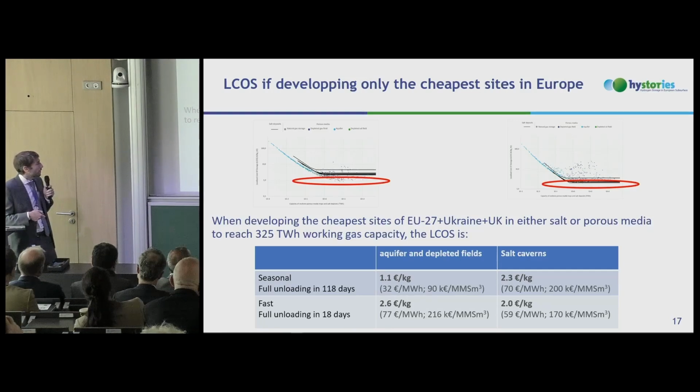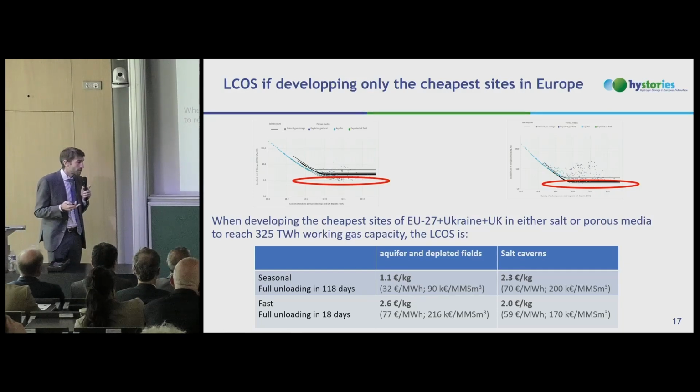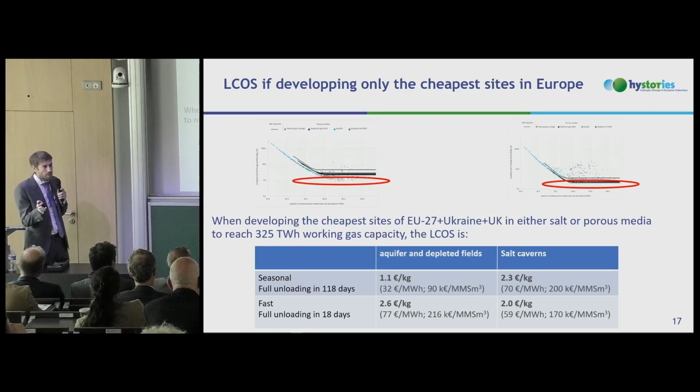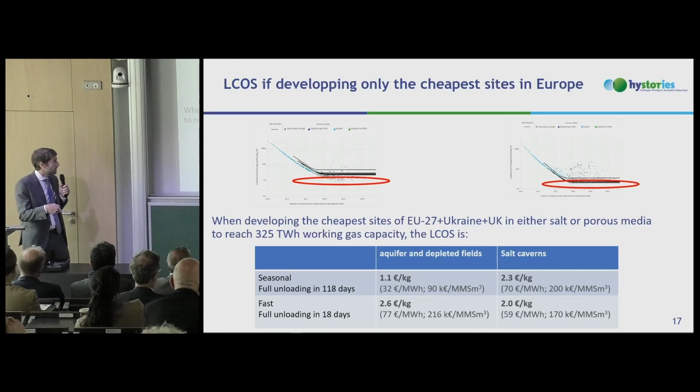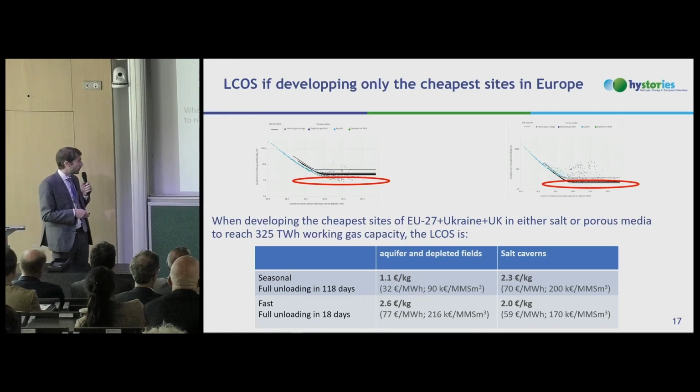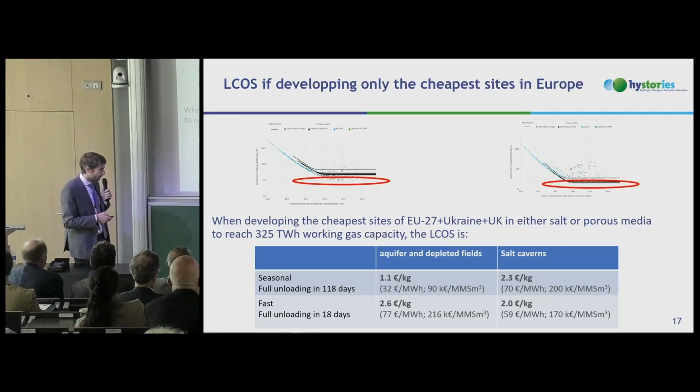So depending on the cycle, we find back, but it was not meant for that, a result that looks intuitive for people in this industry: that salt caverns are more expensive for seasonal cycling, but a little less expensive for fast cycling.